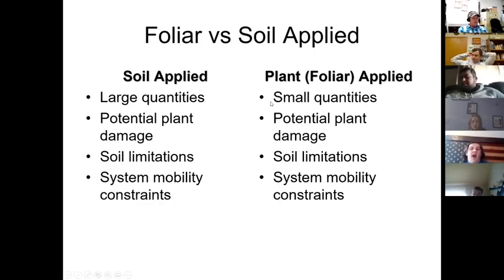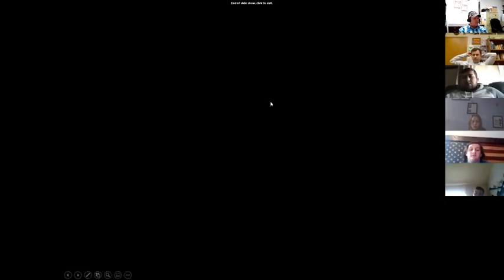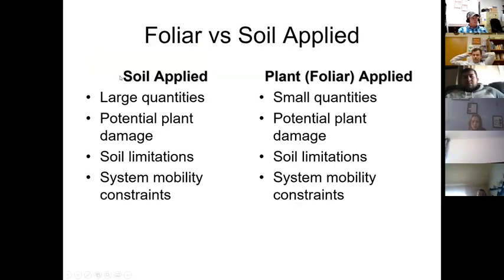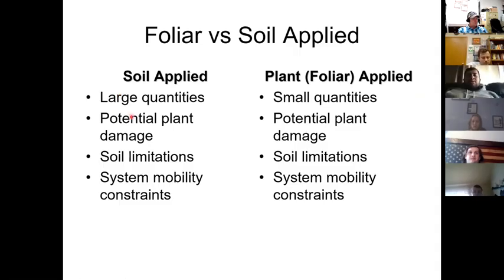Okay, I think we're getting just about to the last of stuff here. There's such a thing as soil applied and foliar applied. Usually when we're doing a soil application, it's a large quantity, and because of that large application, we can induce some potential plant damage.